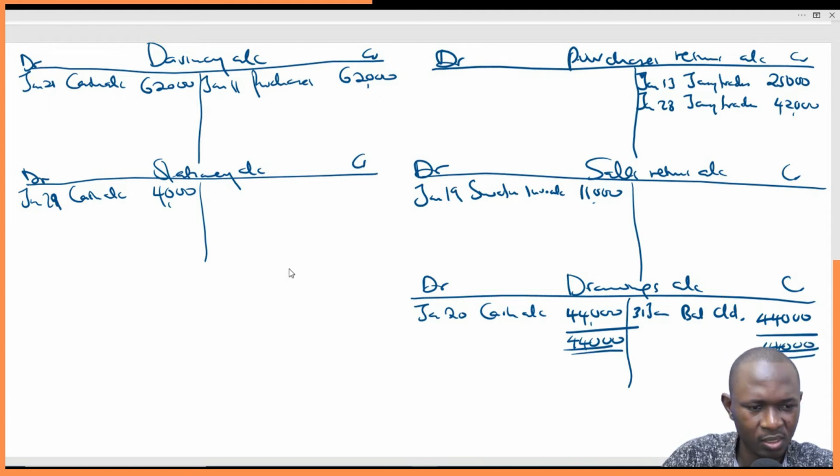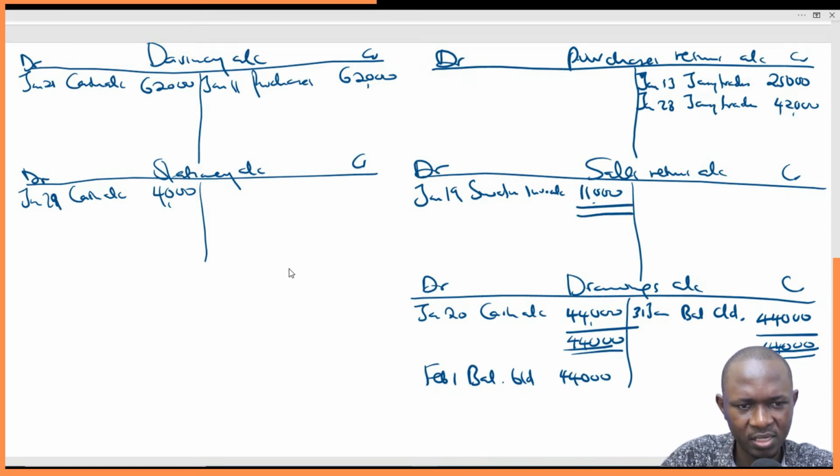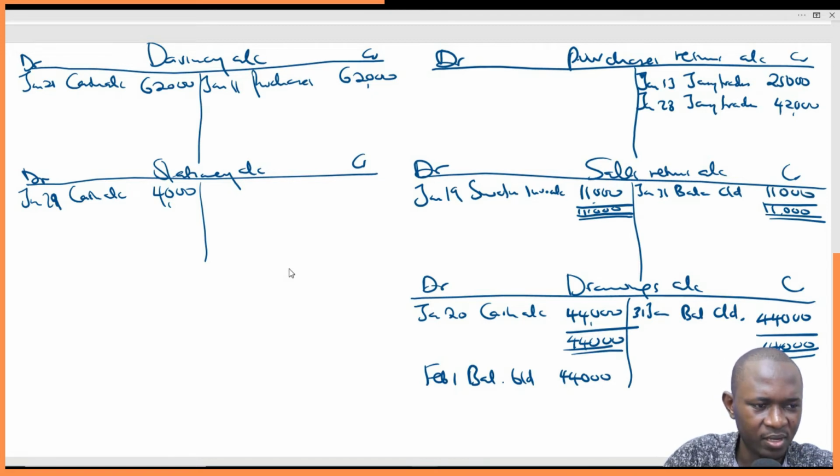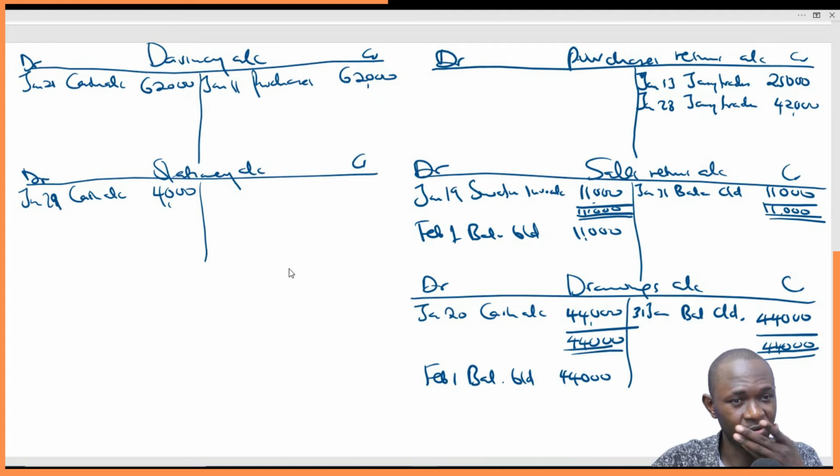Then you say Feb 1st balance brought down 44,000, like that. So it's the same thing here, 11,000, 11,000, like that. Then 11,000. Then we say January 31st balance carried down 11,000, and then Feb 1st balance brought down 11,000, like that. So that one we have closed.